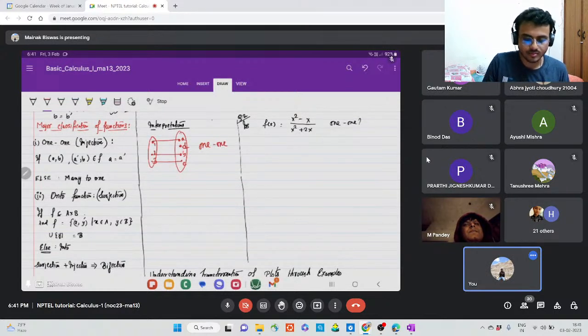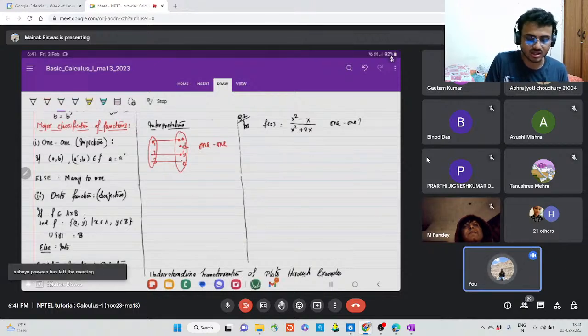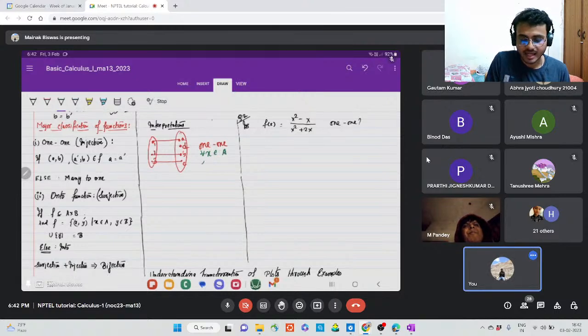Therefore a 1-1 function means it's an injective function, which means for all x belonging to, say, set A, f of x in B is unique.